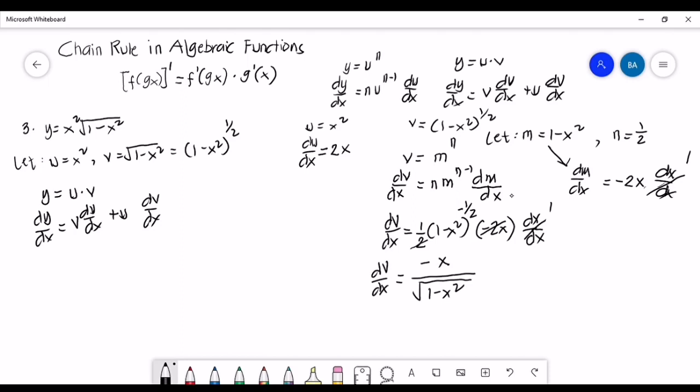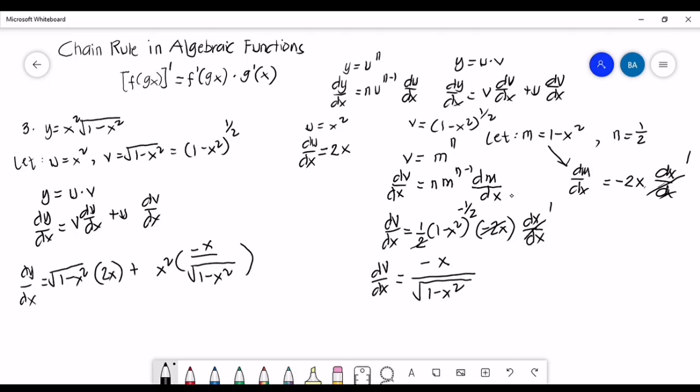Now let's substitute this in our equation, and also this one. So our dy dx is now equal to v, the square root of 1 minus x squared, times du dx, which is 2x, plus u, which is x squared, times dv dx, which is negative x over the square root of 1 minus x squared.